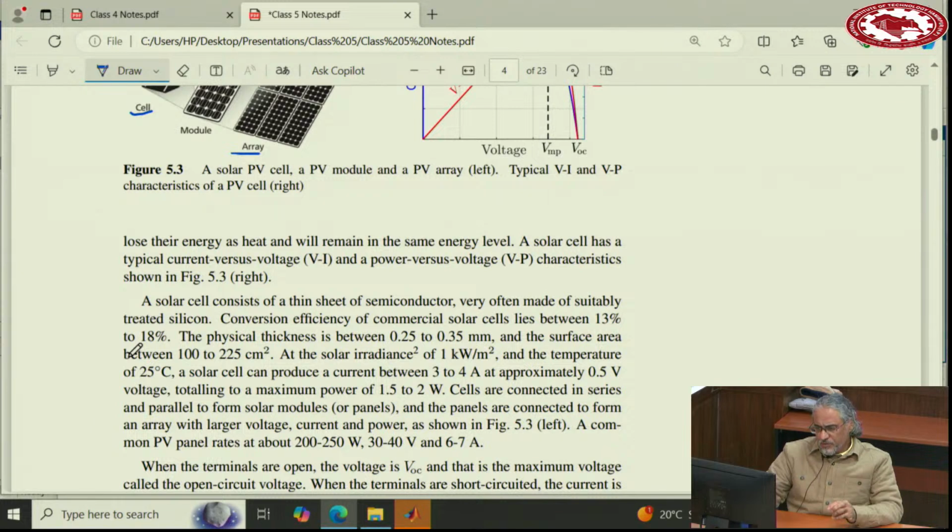One individual solar cell is, but first of all, the conversion efficiency is for the commercial PVs, not for fancy PVs. For commercial PVs is 13 to 18%. So out of the energy that comes from the solar rays, anywhere between 13 to 18% will be converted to electricity. The physical thickness is between 0.25 to 0.35 millimeter, and the surface area 100 to 225 square centimeter.